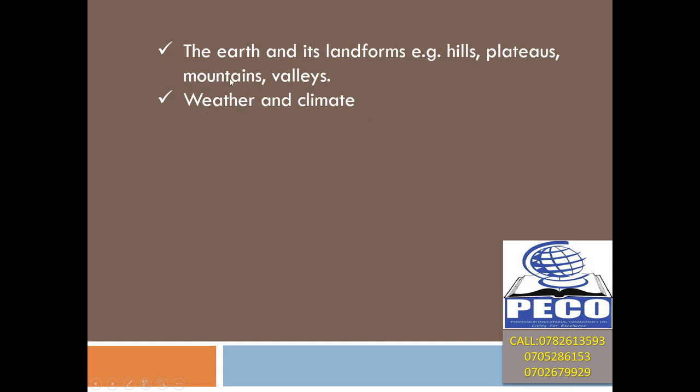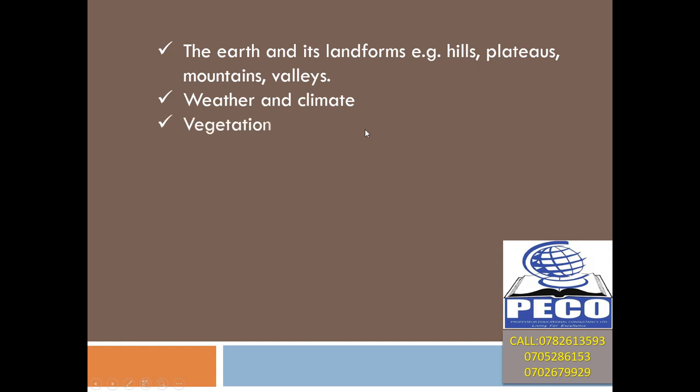So we study about that, and we shall be looking at this when we're describing the physical part of our environment called the atmosphere. That is where we shall look at this. In this first one, this is the lithosphere. So on land, that is where we shall identify which features we find on land. Then we say hills. How are they formed? We describe how they are formed. Mountains, valleys, and others.